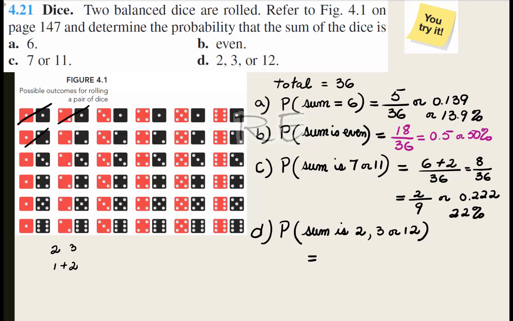And for 12, we just have 6 and 6. Just one case. Altogether, we have four possibilities divided by the total number of events, which is 36. 4 over 36 is 1 over 9, which is 0.111, roughly 11%, 11.1%.